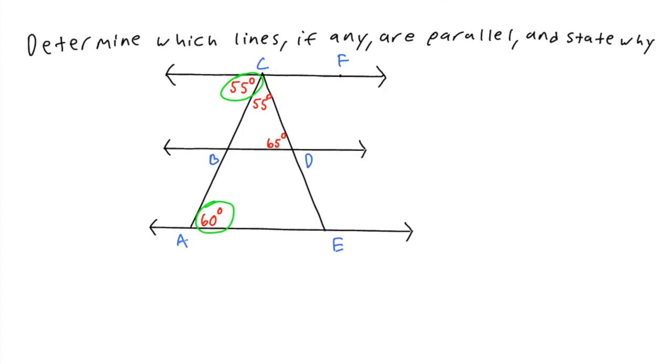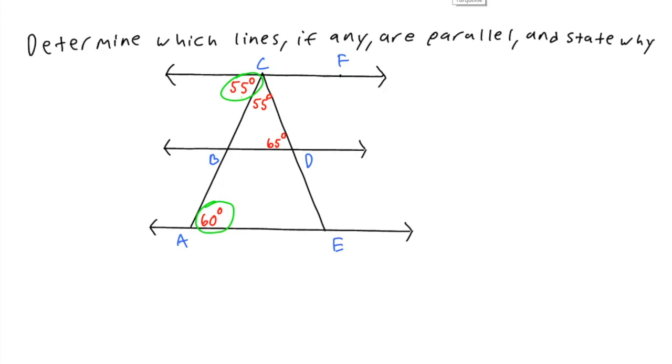And with CF and AE, they're both in between them. Specifically CF, because that one's touching 55, and AE, because that one's touching 60, they're in between, so these are alternate interior angles. However, these are not congruent. Alternate interior angles need to be congruent.